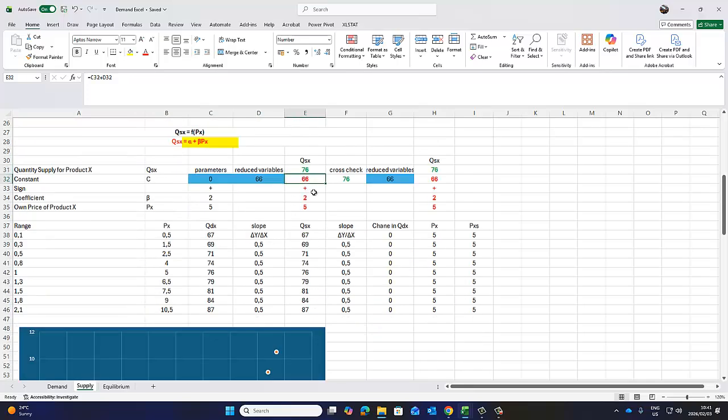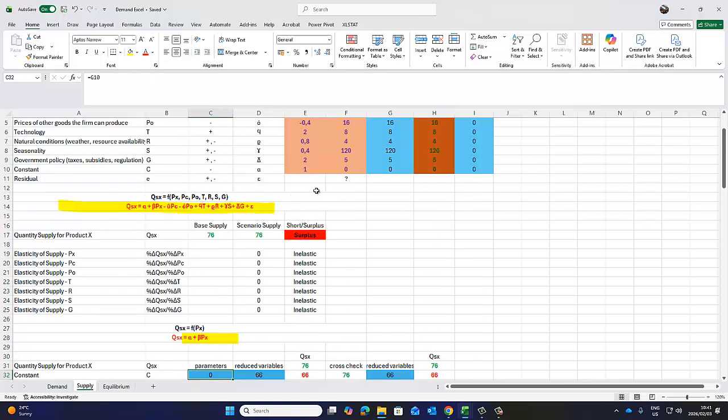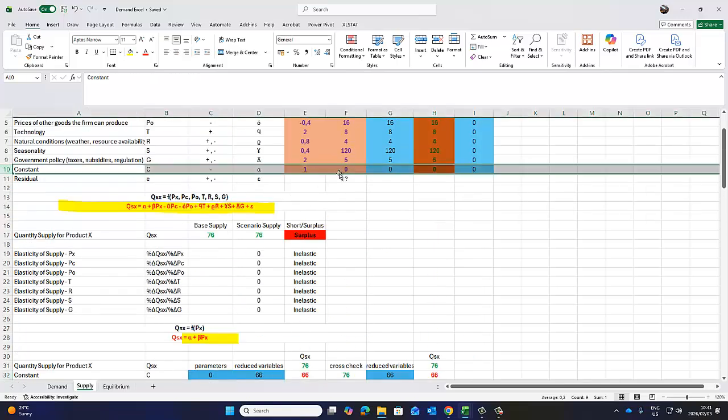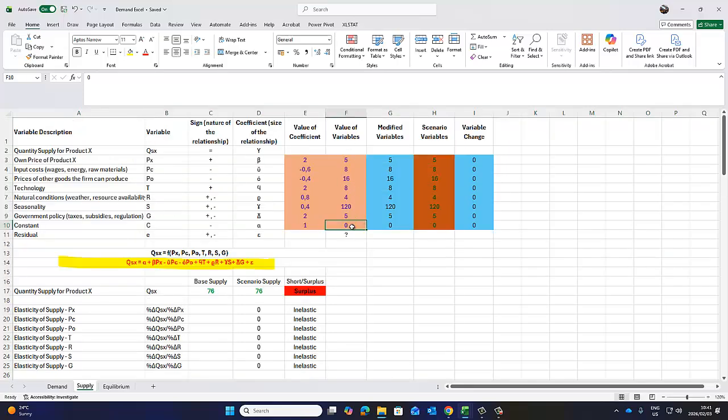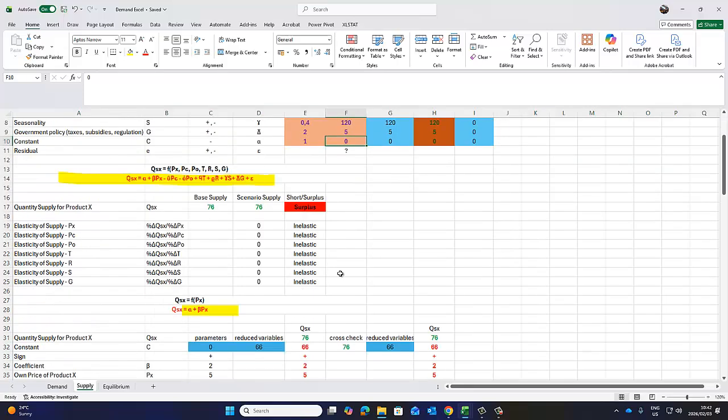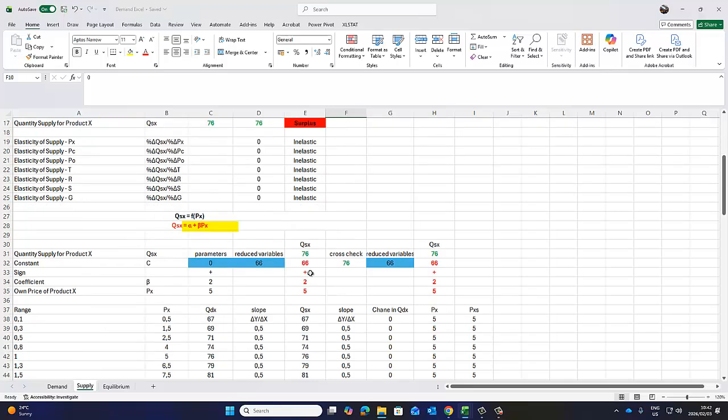Okay, so I hope you get where I get the 0 and why I get the 66. I said the 0 is the constant. I assume my constant is 0. So no price, no seasonality, nothing. There will be no supply of it. There will be no quantity supply of it.